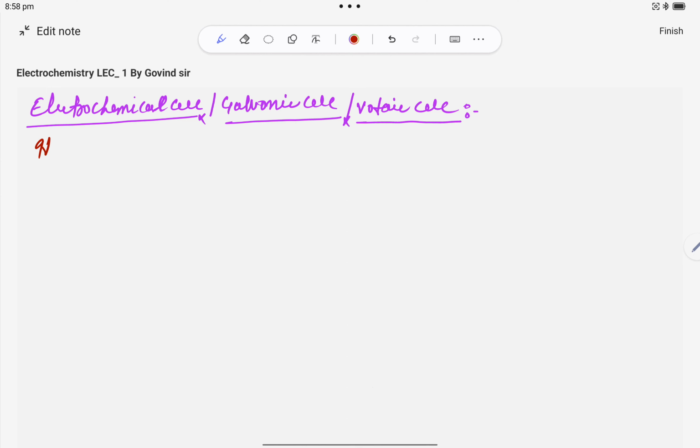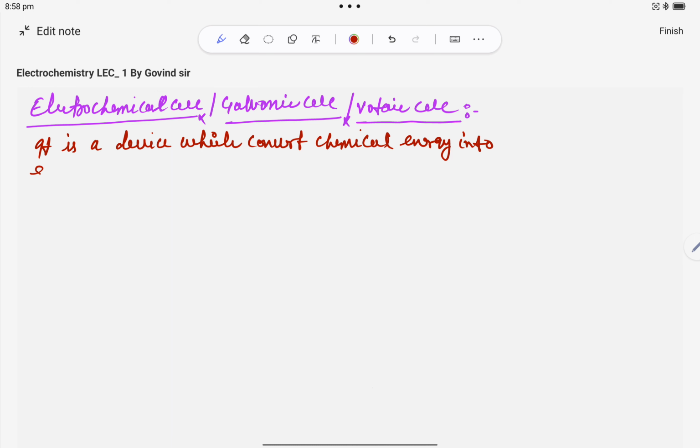It's a device which converts chemical energy into electrical energy.